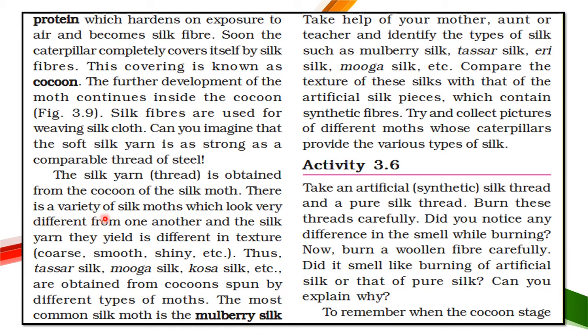There is a variety of silk moths which look very different from one another, and the silk yarn they yield is different in texture: coarse, smooth, shiny, etc. Thus, Tasar silk, Muga silk, Kosa silk, etc. are obtained from the cocoons spun by different types of moths. The most common silk moth is the mulberry silk moth.